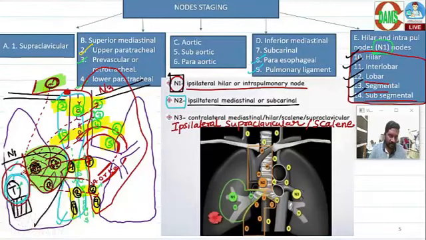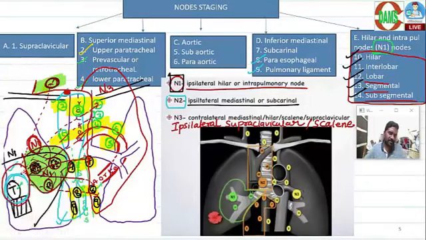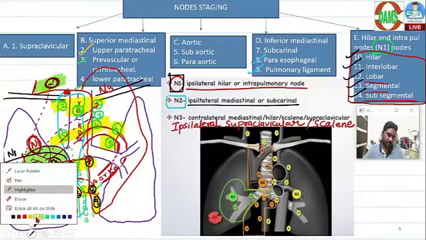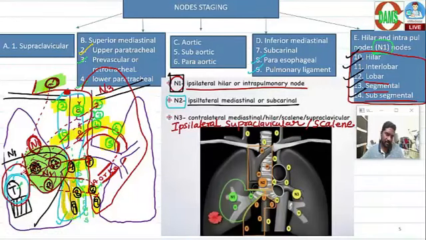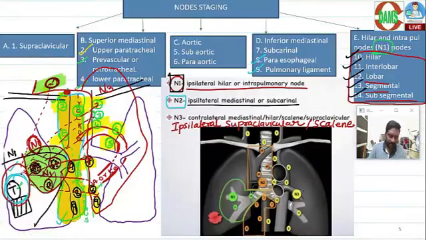If the tumor is involving ipsilateral mediastinal, subcarinal nodes, on the same side, so the tumor is on the right, and right side mediastinal and subcarinal lymph nodes are involved.